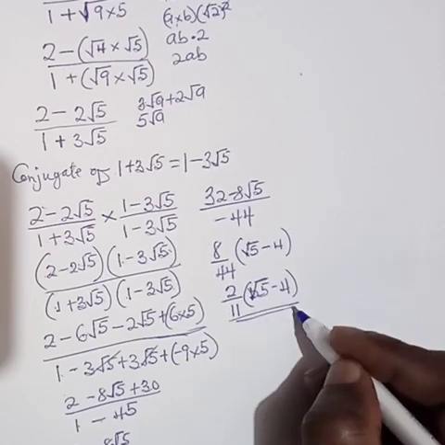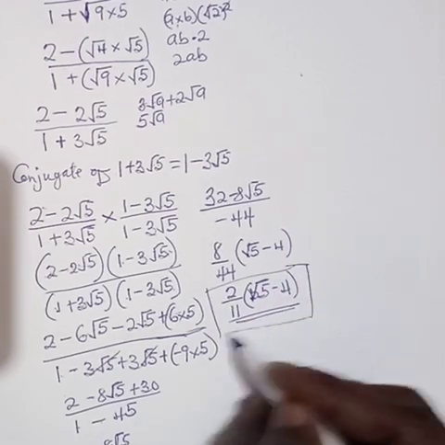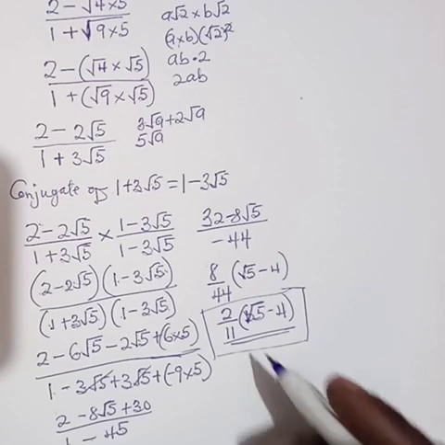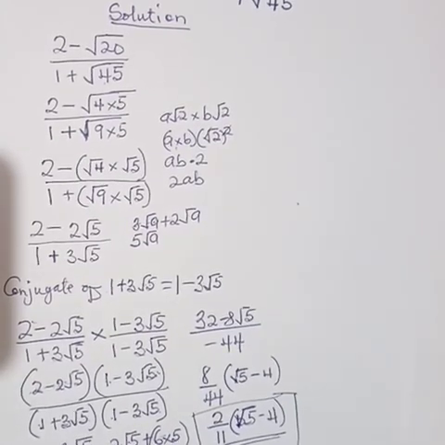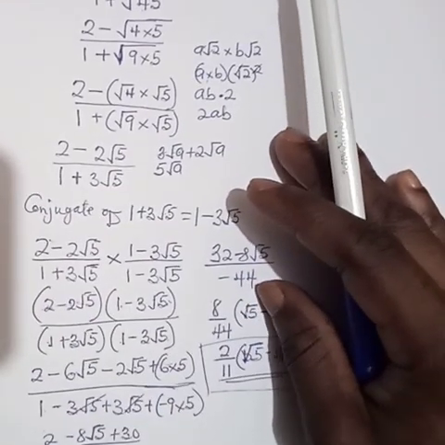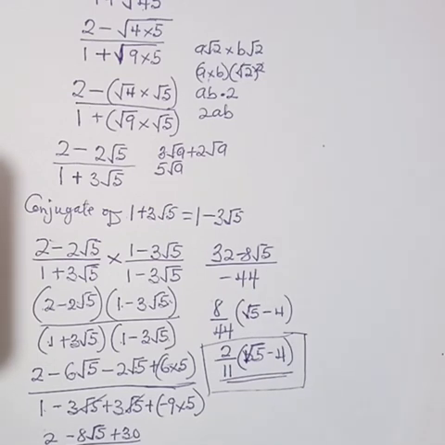So this is our answer. Okay, so the whole thing is the answer. So for this question, the answer we got is 2 over 11, and then we have the square root of 5 minus 4.